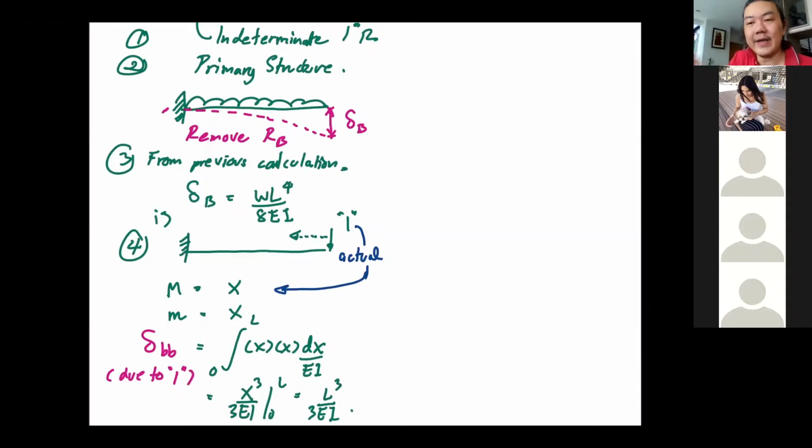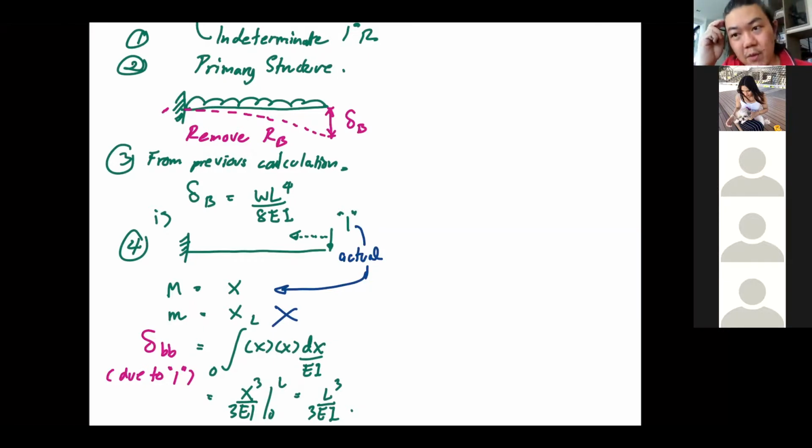Now, if I use the moment area method, we are not going to have this issue at all, right? I can easily use the moment area method to calculate the displacement due to the actual load, which is 1 in this case. But because in the frame we are going to have to do this anyway, we choose the virtual work. So the unit load also becomes your virtual load.